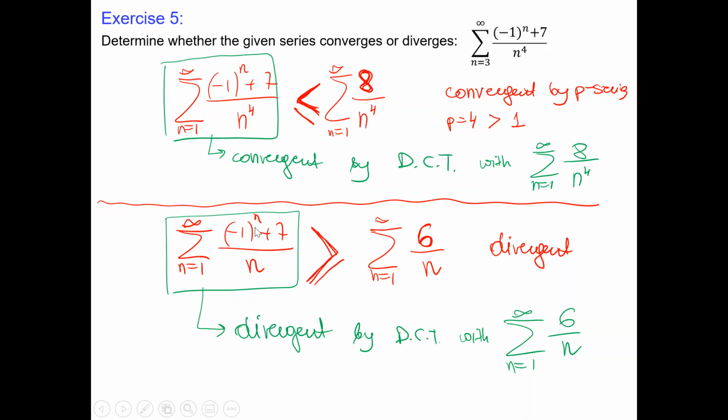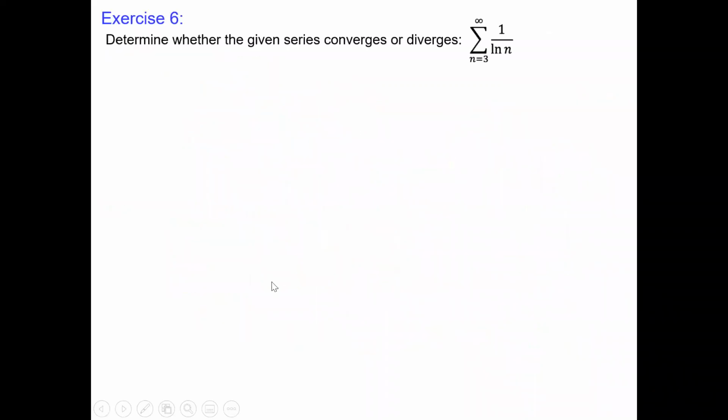Everything is equal to 6 or greater than 6. If -1 to the n becomes 1, 8. Okay, 8 and 6. Good that we corrected. Okay, let's see a couple more and we will be done with direct comparison.